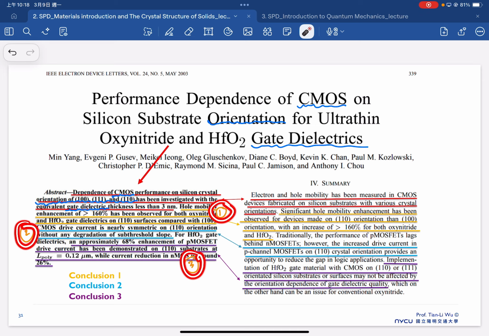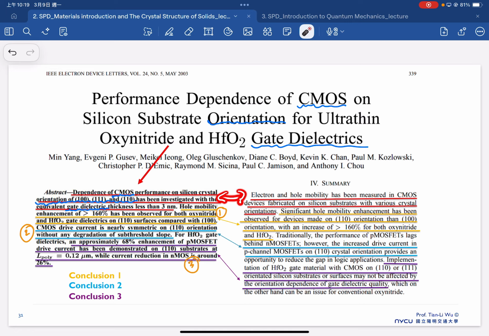And then similarly, if you look at the summary, it is still the same. The first sentence of the summary is exactly another refresh coming from the abstract. So the electron and hole mobility has been measured in CMOS devices fabricated on silicon substrate with different crystal orientations. So this is exactly the same as the first sentence of the abstract.